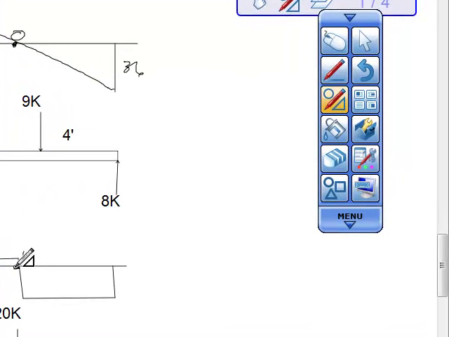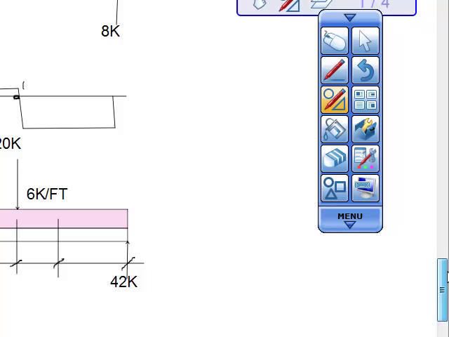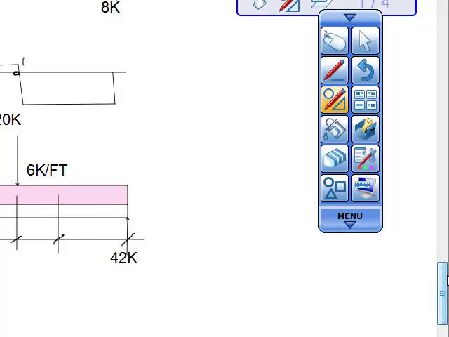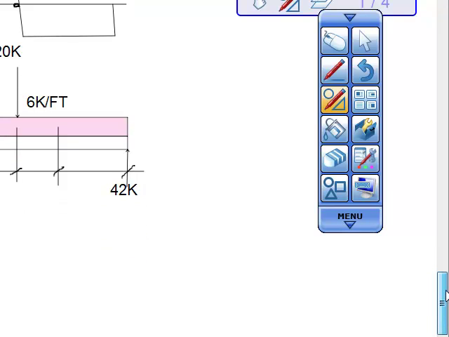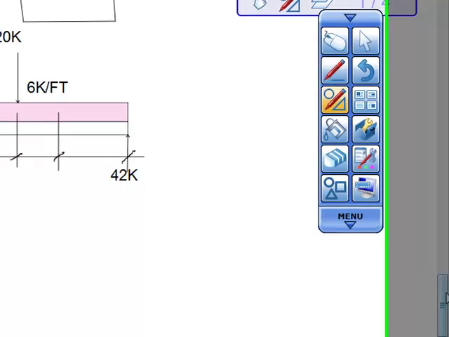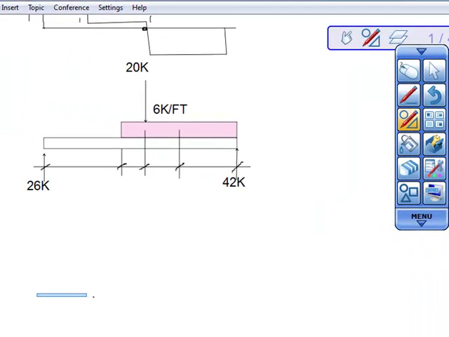Okay, and then for a combined uniform and point load, you would have something like this. So a little more space. Okay, now what's it doing?